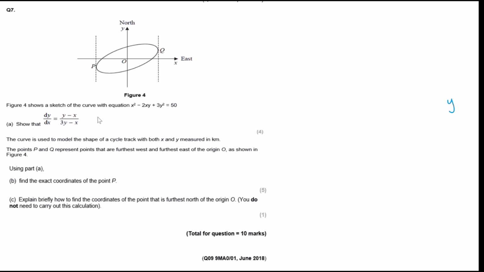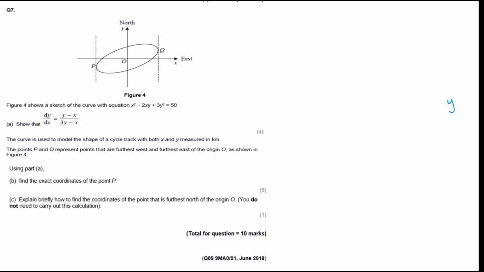In some ways, I prefer these show that ones because you know where you need to get to. And hopefully, question 9, so it's in the second half of the paper. Technically, if you're getting this right, you're getting close to an A, or you'll definitely be on a B. So just do what we can.